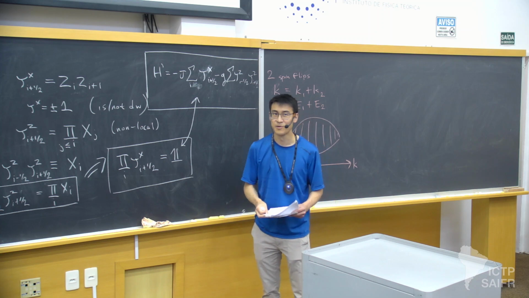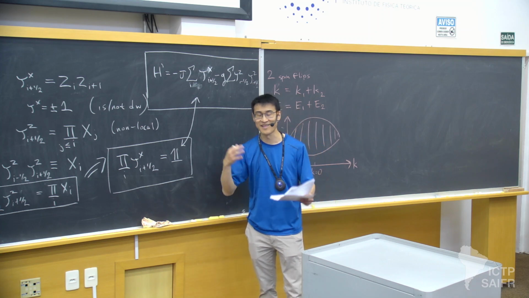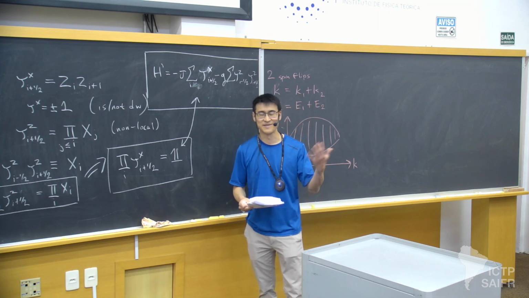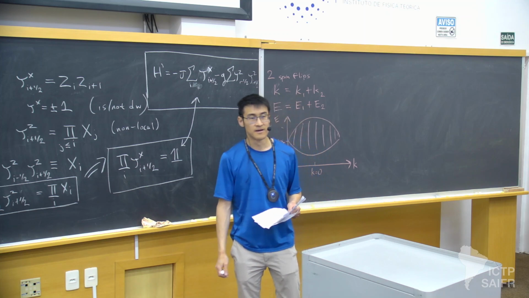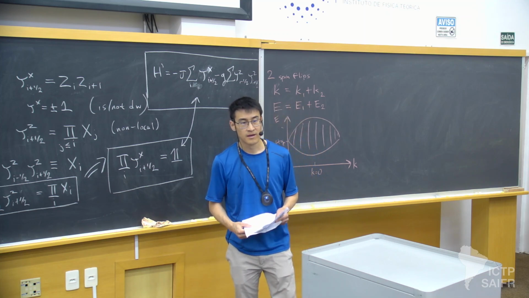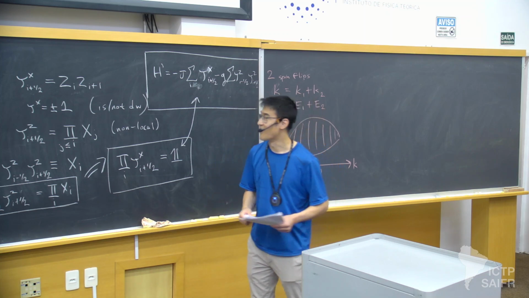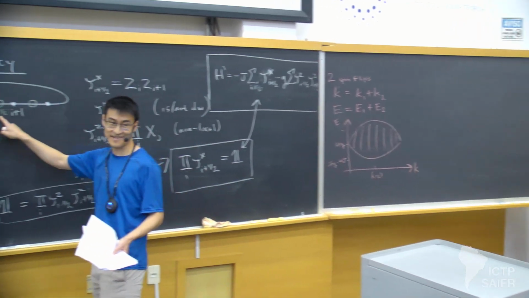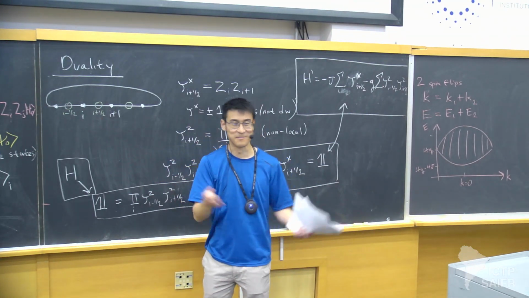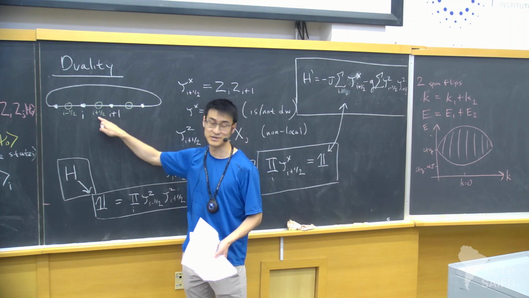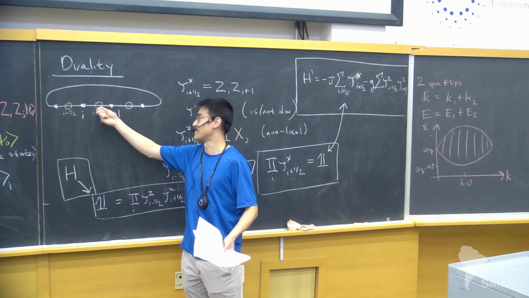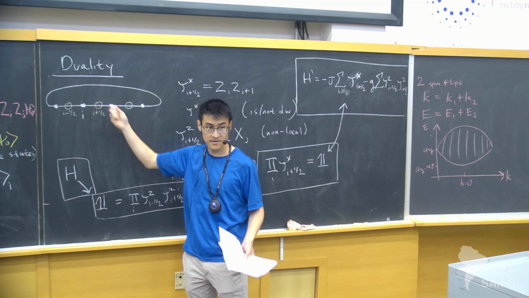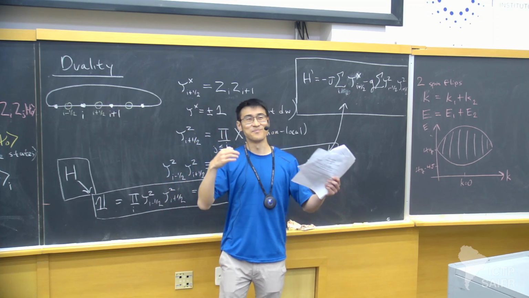Let me pause there for questions, because with dualities you can get pretty confused easily. Oh, this is just an index. You can use your favorite numbering. It's just a notation for the location. We're kind of imagining there's a fictitious qubit here.